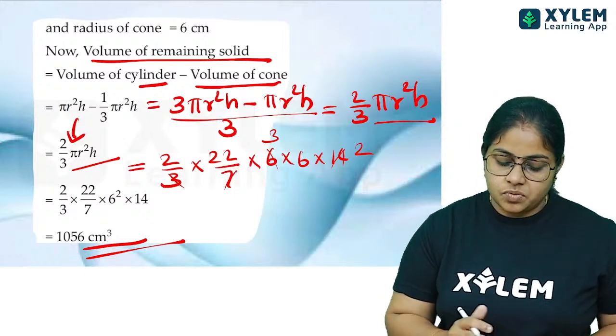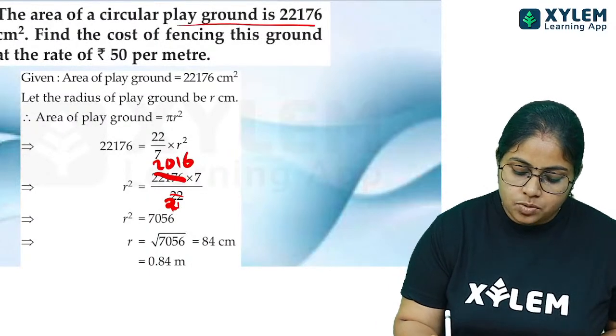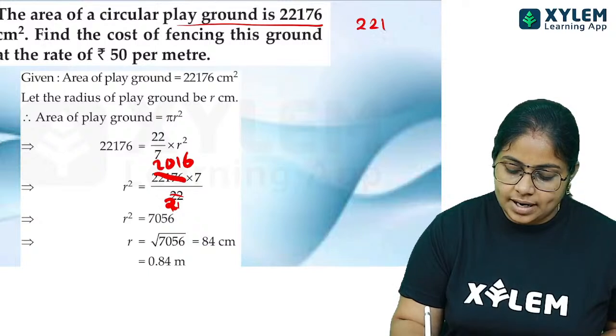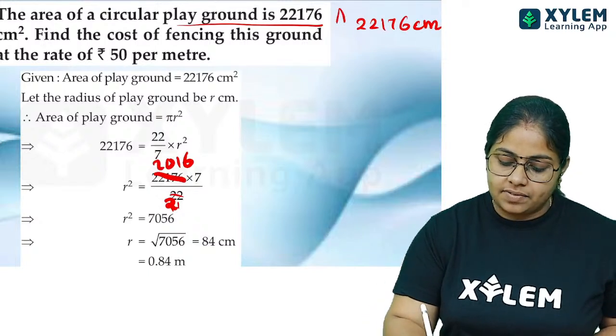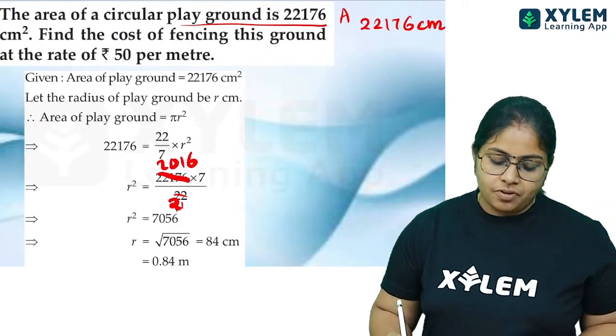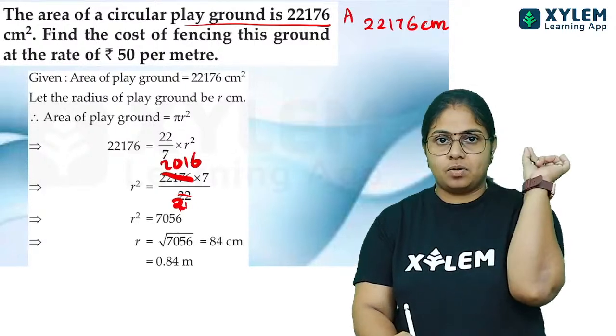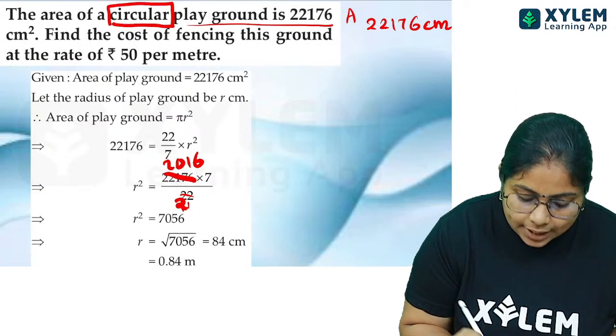Yes. Next one we have: the area of a circular playground is 22,176 centimeters square. Area is given, okay? Area of the playground, and one more thing, it is a circular playground. Just listen here, it is circular playground.